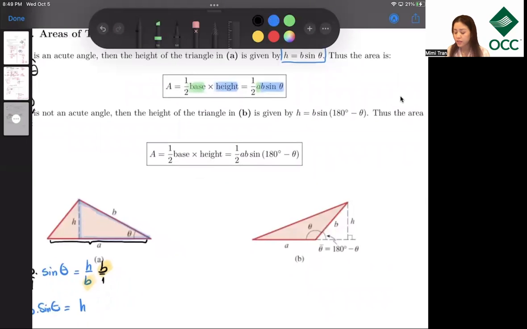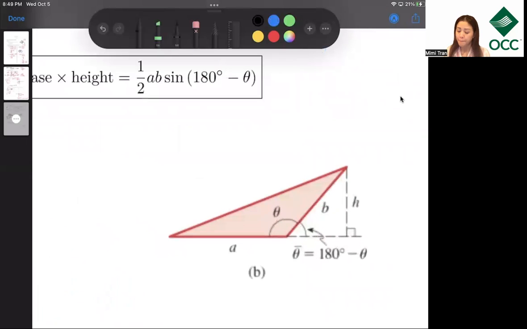Now, why is that? Let's take a look at the figure. Here is the obtuse angle, theta. You can see that it's bigger than 90 degrees. Then I'm going to call theta bar this angle right here. Theta bar is equal to 180 minus theta.